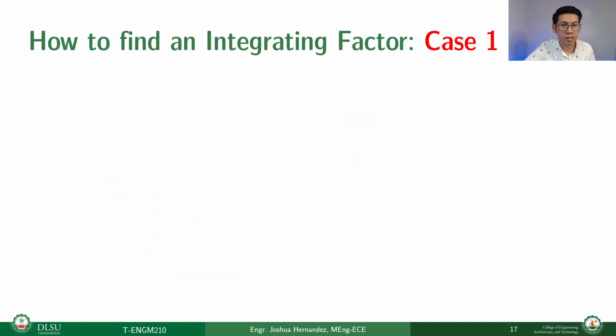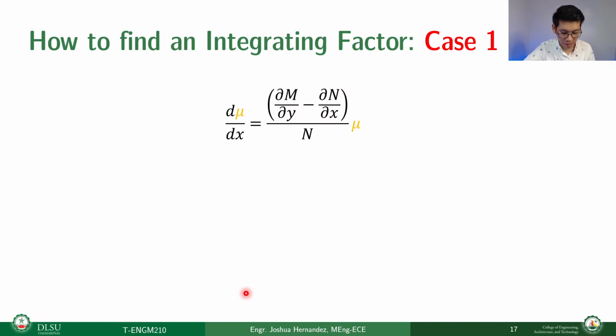So, moving along, we have the same equation kanina, kinopya natin, d mu over dx equals this function here. Now, transposing, multiplying the whole equation by dx over mu, dx over mu effectively cancels dx and cancels mu here.